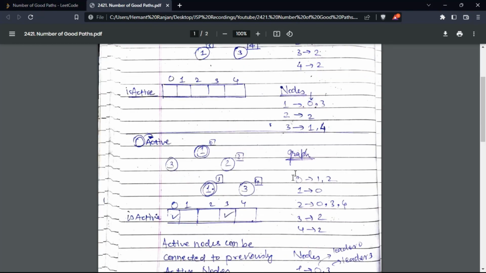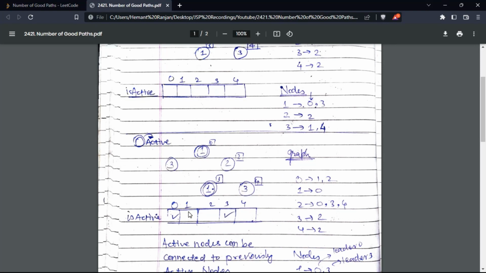In the first iteration, when 0 and 3 become active, I mark those active nodes by this picture. Here the value 1 and the value 3 nodes are active, but we can't merge them because they are active at the same time, and none of the other nodes are active.